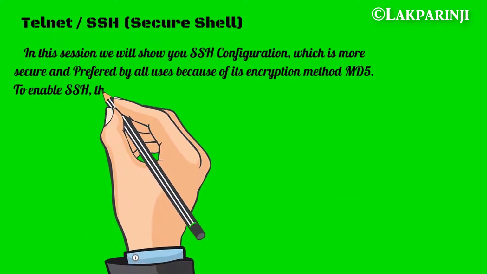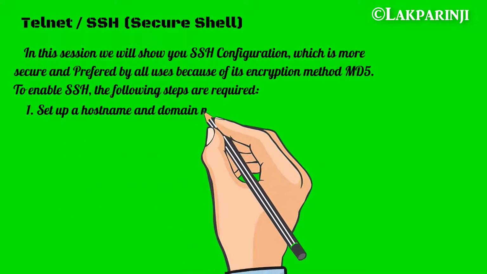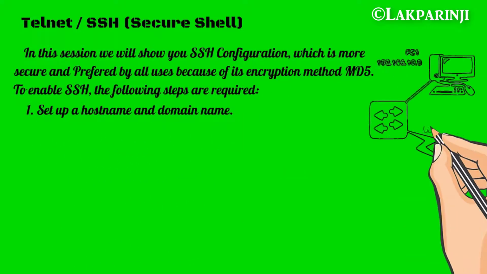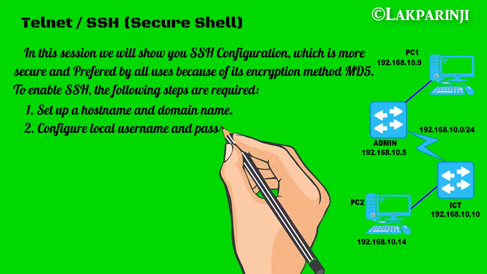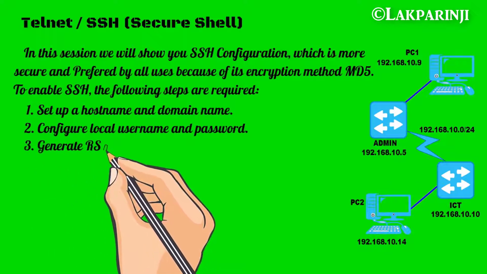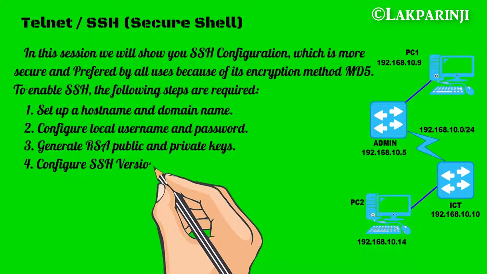To enable SSH on a device, we should follow certain steps: setting up a hostname and a domain name on the device, and configuring the local username and passwords. Then we should generate the RSA public and private keys using the hostname and the domain name of the device.